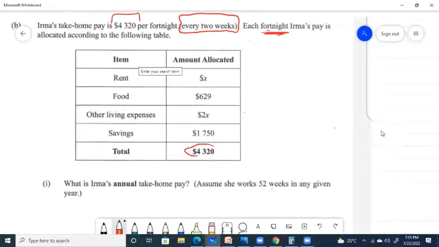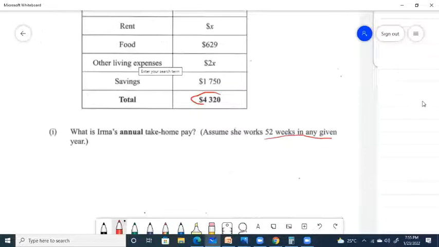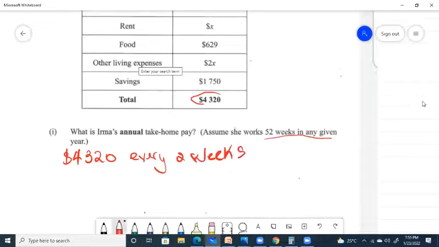Question 1: What is Irma's annual take-home pay? Assume 52 weeks in a given year. Remember, they already told us that she's making $4,320 every 2 weeks.